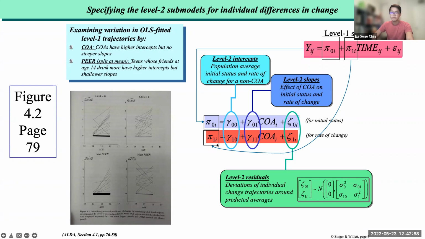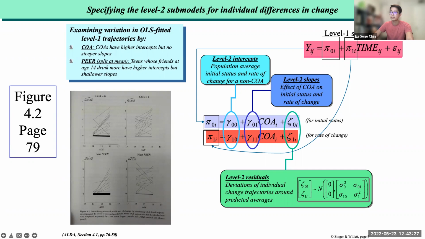Pi 1i, remember, represents the individual's estimated true rate of change. That is going to be a function of the group's average rate of change for kids whose parents are non-alcoholics. And it's also going to be a function of how having parents who are alcoholics impacts the rate of change.